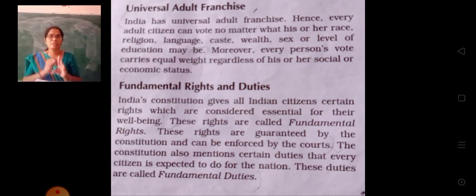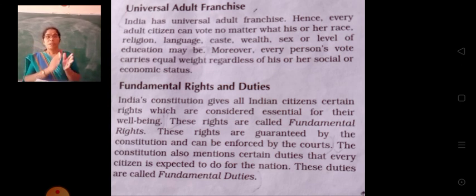These are clearly mentioned in the constitution. The rights we have are called fundamental rights, and they are guaranteed by the constitution.